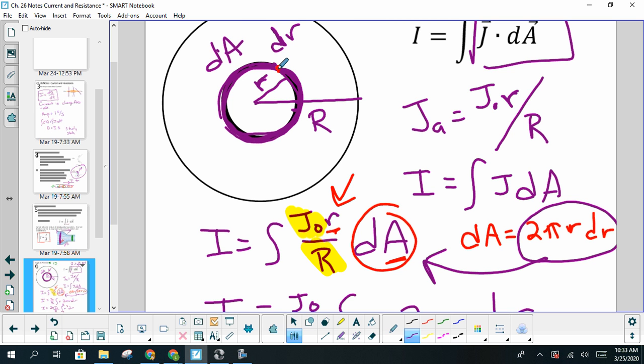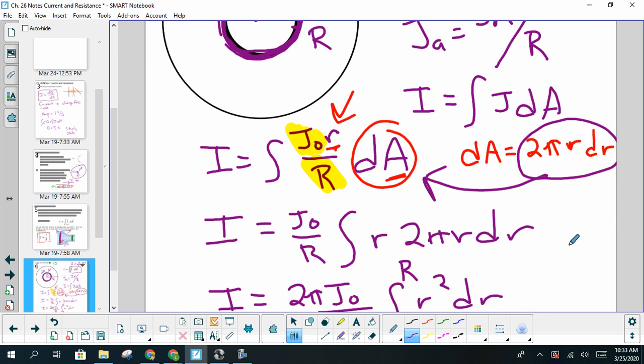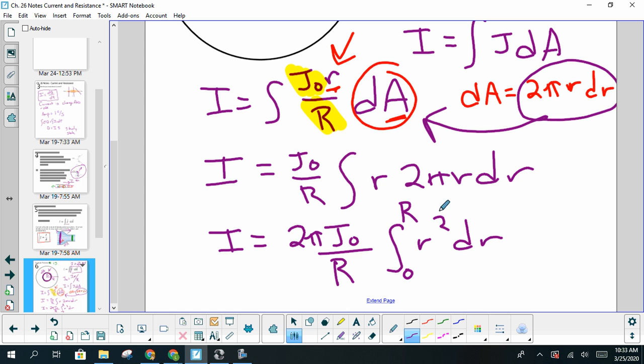That's our dr. We add that up, we will end up with our area, right? And so our little differential area is just our circumference of where that location is times that differential dr, how big that little infinitesimally small radius is. And then we go and integrate our function, simplify our function, and then get that in terms of our limits within 0 to R. So hopefully that gives you a little bit of a nudge.